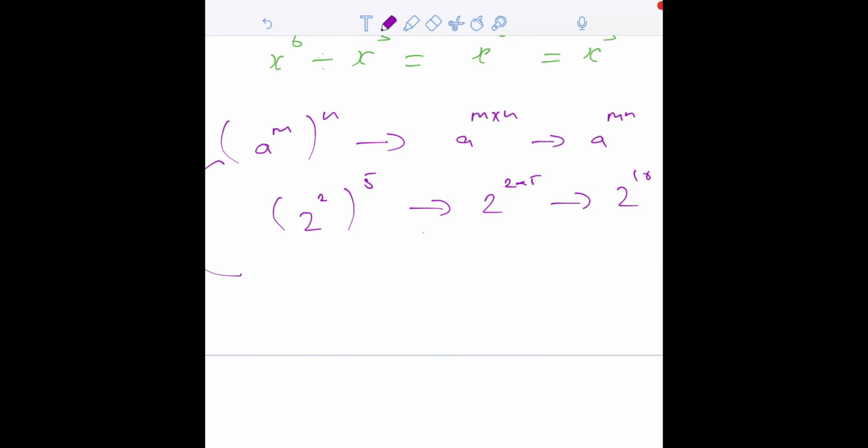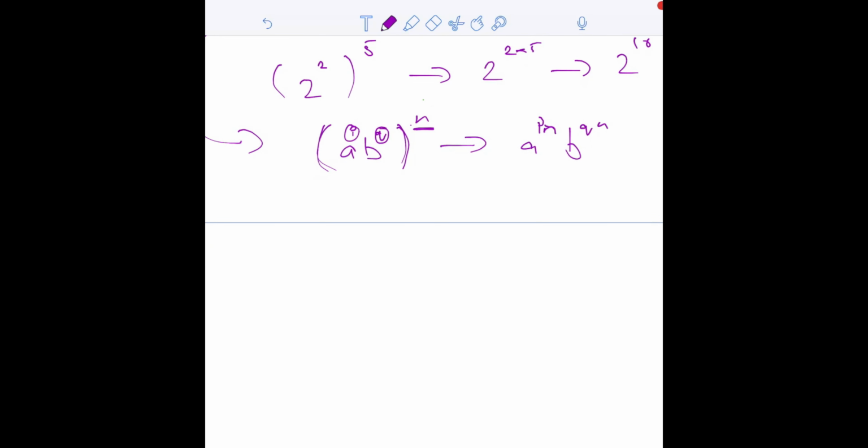This rule is also applied if we have different bases. Let's say a and b are in the bracket, with p over here and q over here, and outside you have n. So this gives you a to the power pn and b to the power qn. So this power, which is on the whole bracket, is being multiplied inside with both p and q.